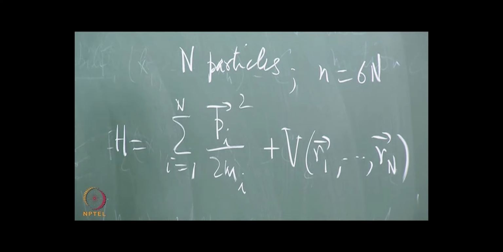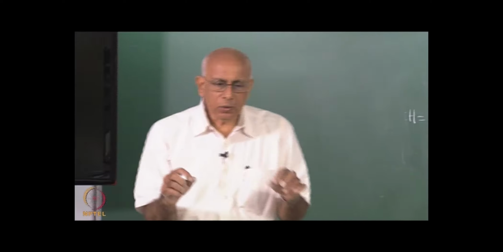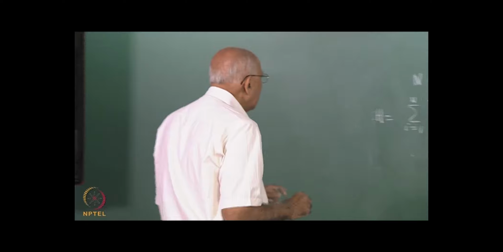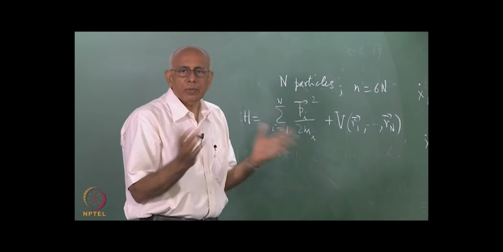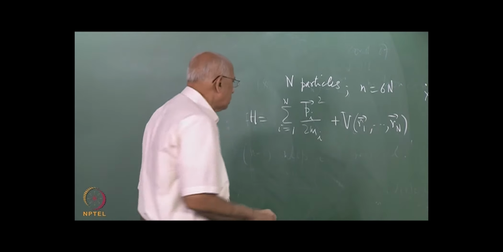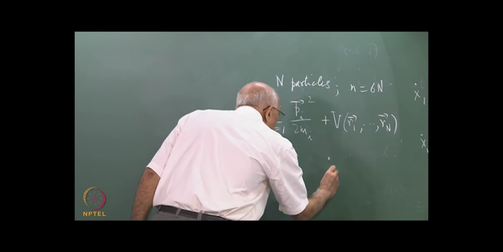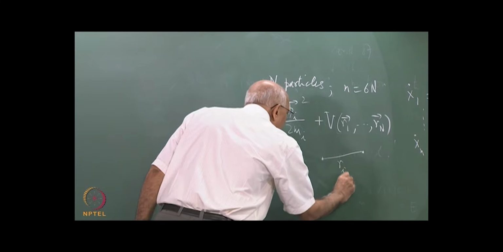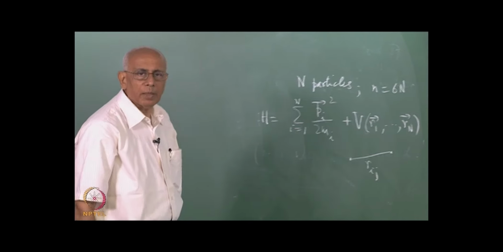We will make it more specific by saying the interaction is always pairwise, these particles interact two at a time with each other and depends only on the distance between the two particles, which is what happens in most cases. So if you had a particle i here and a particle j here, the distance r_ij is all that this interaction would depend on.